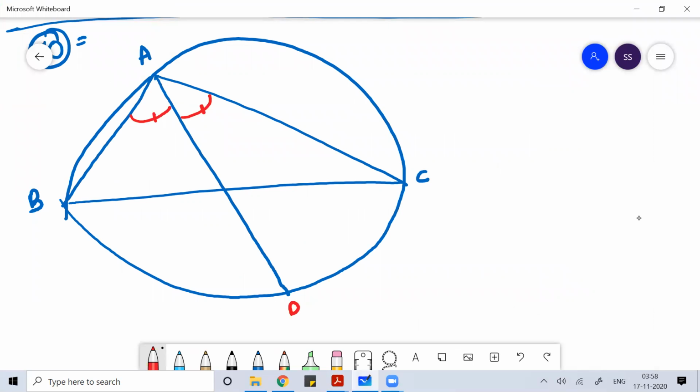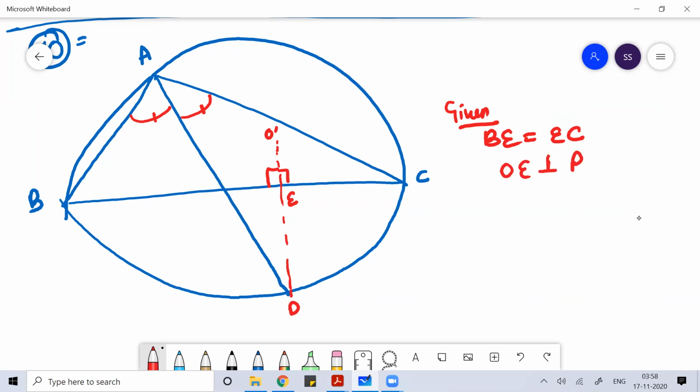Perpendicular bisector of BC means, given that BE is equal to EC, and suppose this is O dash, BE is equal to EC, and OE is perpendicular to BC because it's a perpendicular bisector.